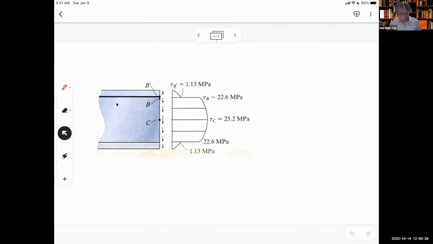Okay, so this is a shear stress distribution for the I-beam. And how does the bending stress distribution look like?